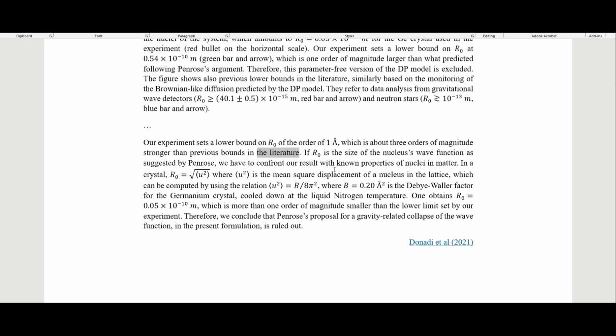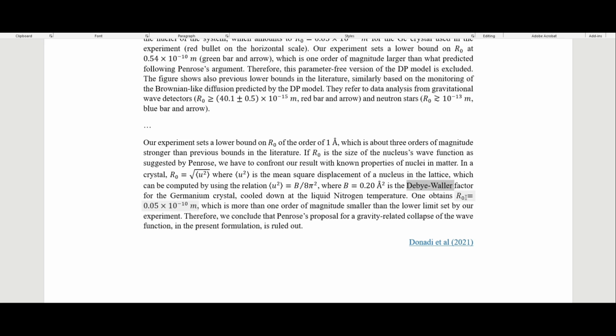If R sub naught is the size of the nucleus's wave function, as suggested by Penrose, we would have to confront our results with known properties of nuclei in matter. In a crystal, the R sub naught is equal to this, where the u squared here is the mean square displacement of a nucleus in the lattice, which can be computed by using this relation here. And that's the Debye-Waller factor for the germanium crystal, cooled down to liquid nitrogen temperature.